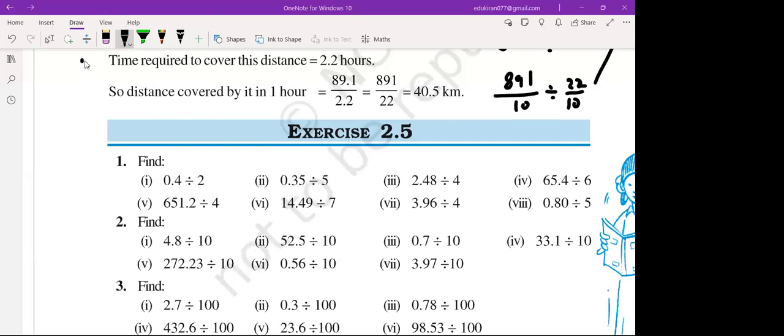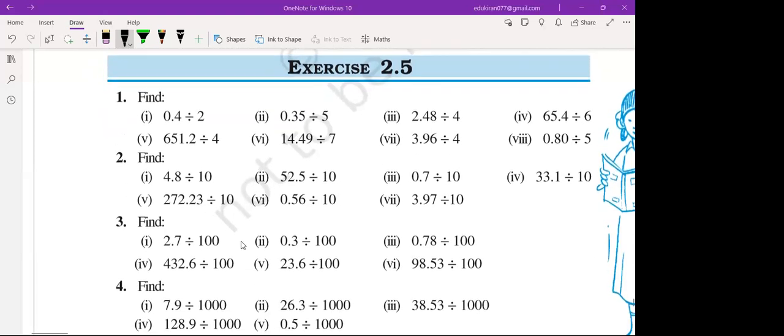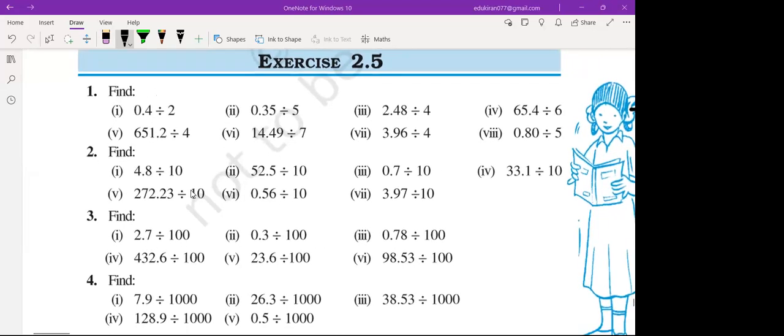Not question number 1 and 2? I don't think we did 2.7 divided by 100. Is this the same question? Not this one, ma'am. Check the question. Is this 2.7 divided by 100? No, ma'am.